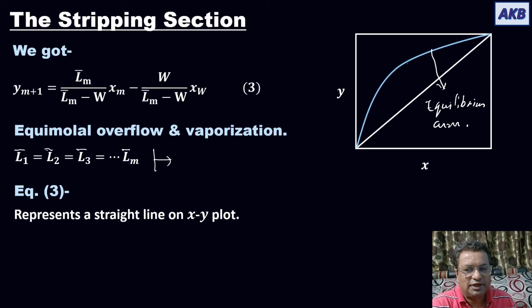Okay, so on this xy plot, with this equilibrium curve, equation number 3 is a straight line. What is the slope of this straight line?